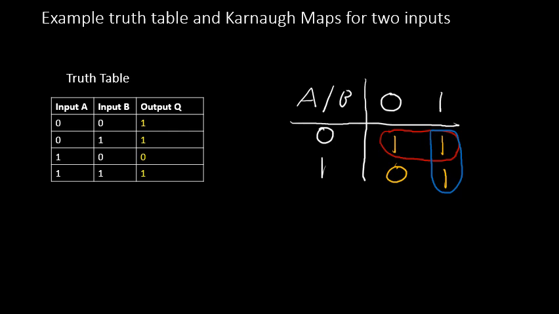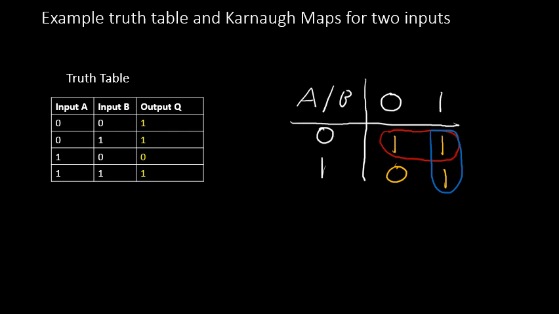Now the next stage is to take those two boxes and understand what they mean in terms of a Boolean algebra expression, because that's ultimately what we want to get to. So let's take the red box to begin with. You'll notice that here, when A is 0, so that is not A, it doesn't matter what the values of B are.